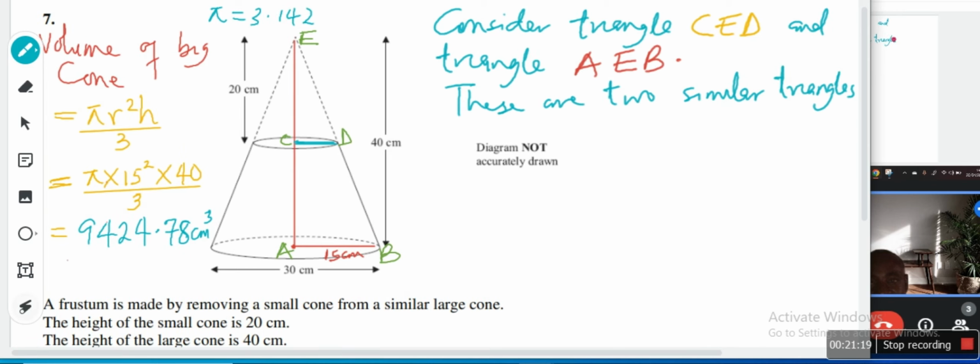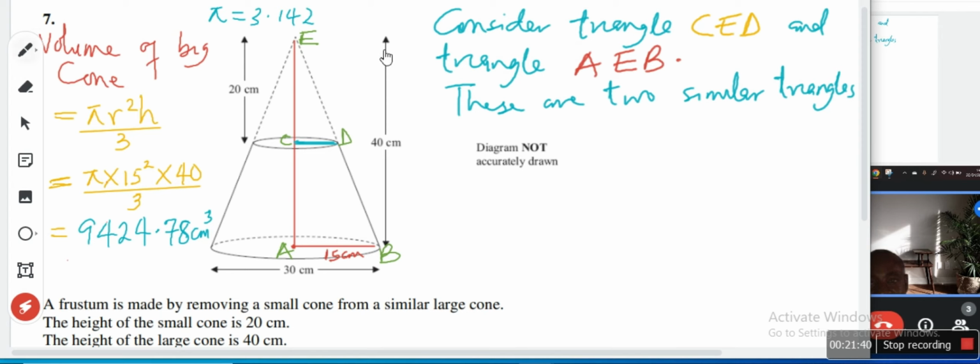So I'm going to be taking care of the big triangle, triangle AEB. Then you will take care of the small triangle, triangle CED. Any side I mention for the big triangle, you mention the corresponding side for the small triangle.